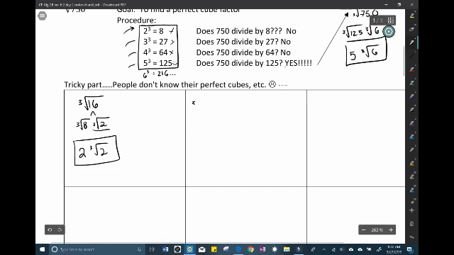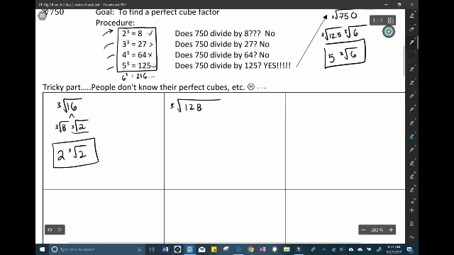Next one here, let's try out the 5th root of 128. Now we need fifths. What times itself 5 times? If you need to, just think of things, like 2 to the 5th is 32. Let's try dividing 128 by 32. Oh, hey, that works out.